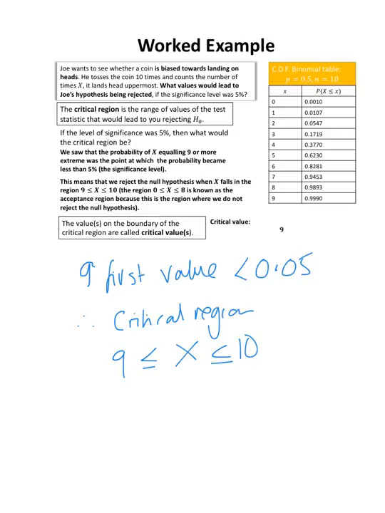So this is the region where we reject the null hypothesis. And we call that our critical region.